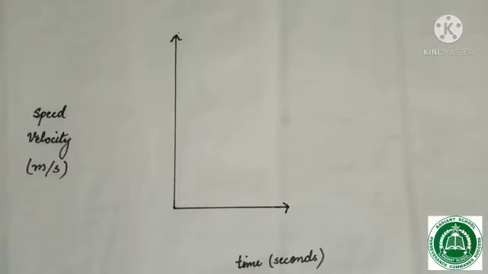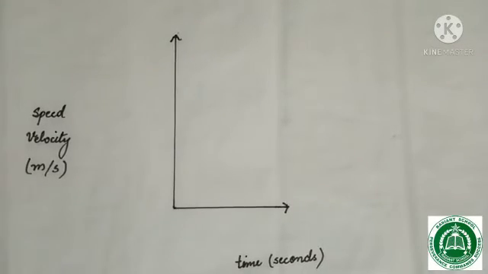If the body is moving in a straight line, then dear students, you can use the words speed and velocity interchangeably. It doesn't matter, either you say speed axis or velocity axis, both mean the same.